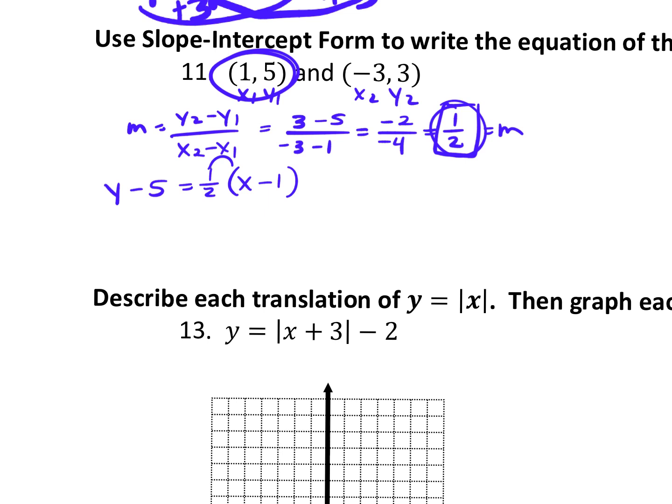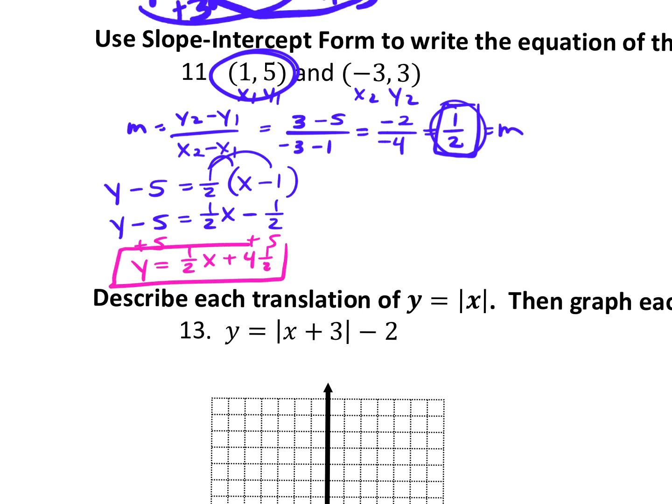And then to put it into slope-intercept, it would be y minus 5, distribute this, 1/2 x minus 1/2, and then your last step would be to add 5. So y equals 1/2 x plus 4.5. And that would be your slope-intercept form.